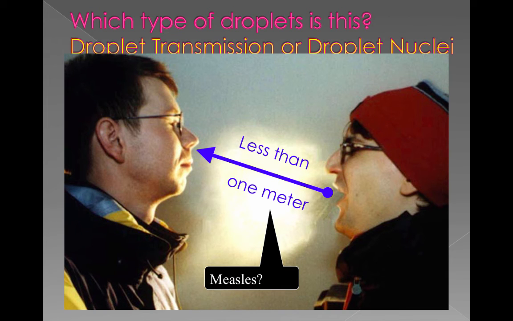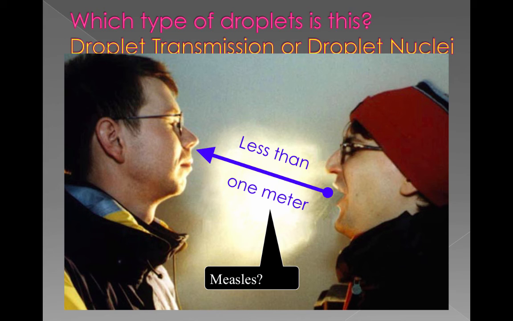So if people are just talking or they sneeze, right? Would you consider this situation where 2 men are talking and they're less than a meter away, is that droplet transmission or droplet nuclei?